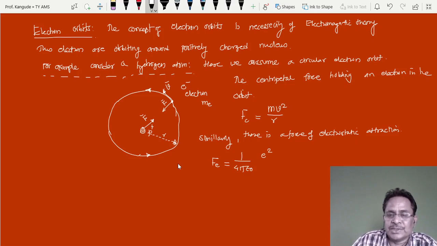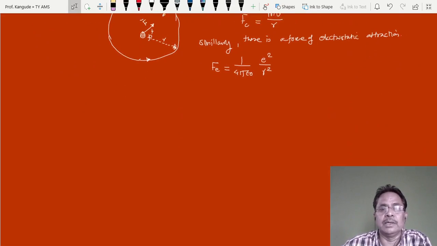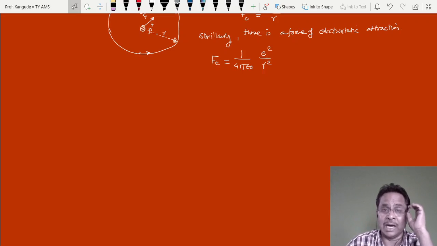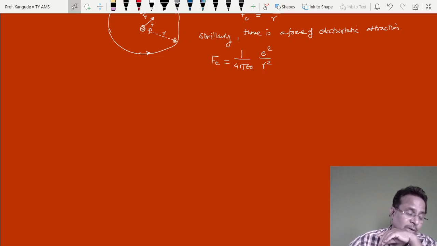The charge of the electron is E, and the charge of the proton is also E, so the product will be E square. I am just taking the magnitudes and not the direction. Divide by R square. This is the relation for the force of attraction between the positively charged nucleus and the negatively charged electron separated by a distance R. And the centripetal force for the rotational motion is given by mv square upon R.